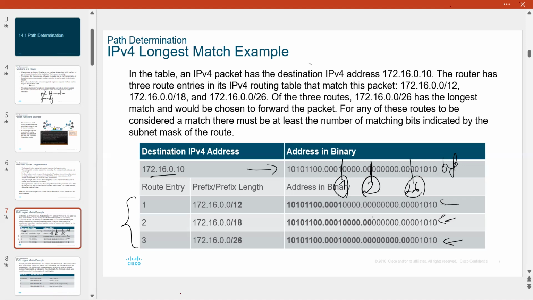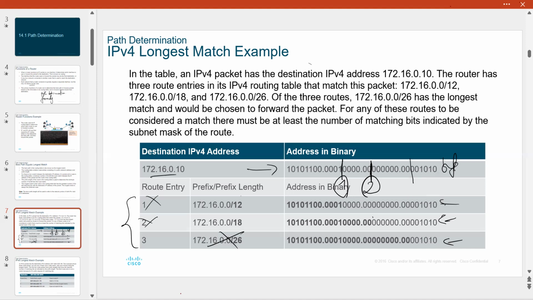So by definition, the route chosen is the route with the longest match, and here that is the route with /26. Among these routes, the others won't be chosen, but if the /26 is not there, it means the /18 is chosen first, and that is where the packet is forwarded. So basically that is the longest match example.